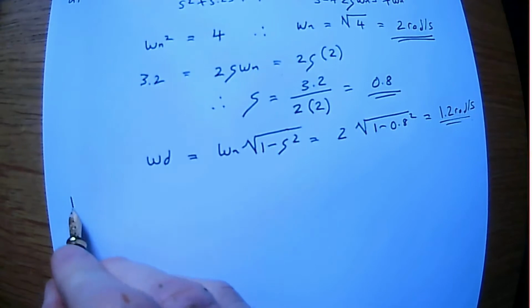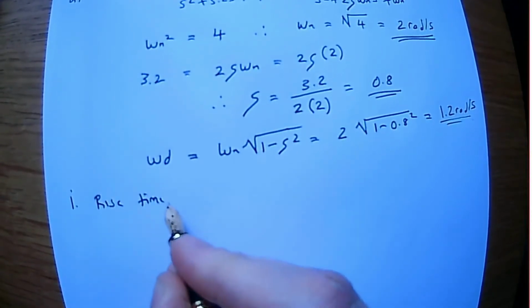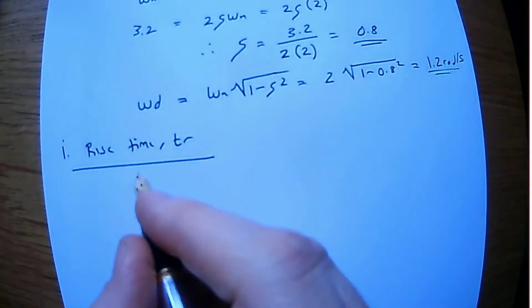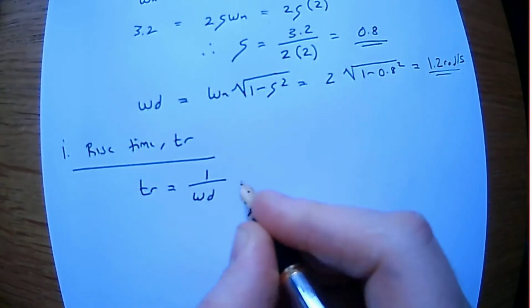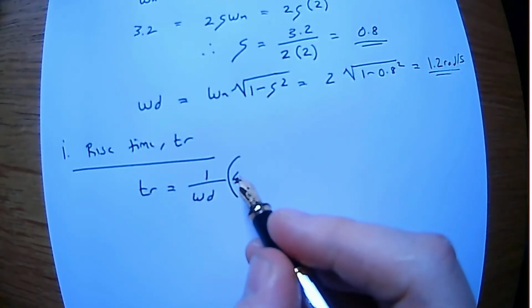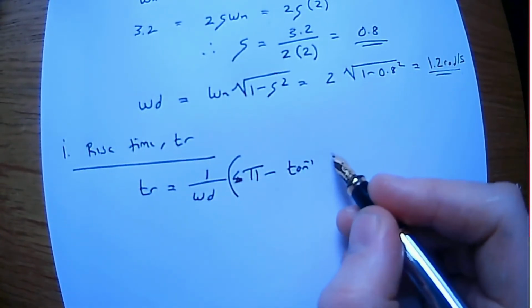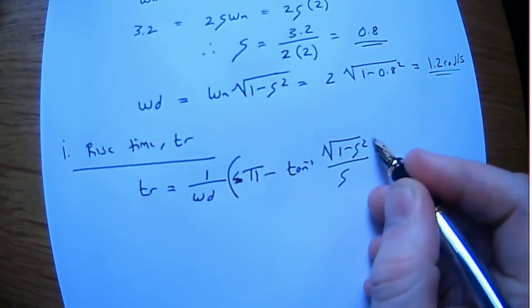The first one is rise time, TR. The rise time is given by this equation: rise time is equal to 1 over the damped frequency, multiplied by pi take away tan inverse of the square root of 1 take away zeta squared over zeta.